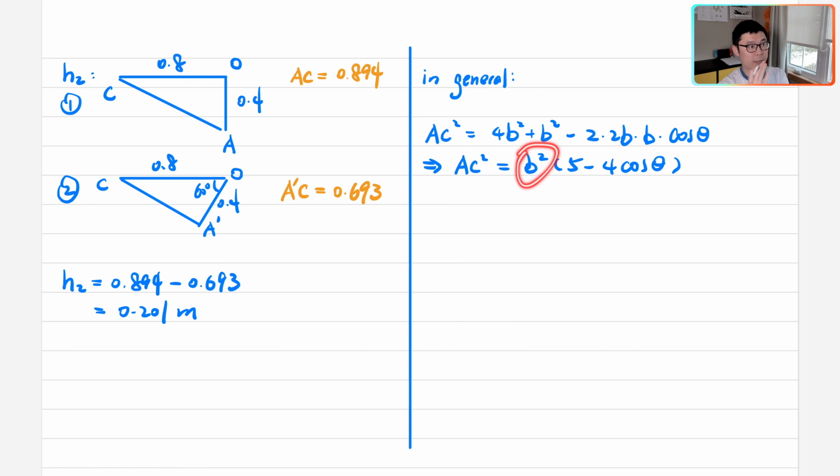B is fixed, right? B is the length of the bar. It's a rigid body. The bar won't become longer or shorter. And then theta is a variable. This is the length. This is theta, angle.